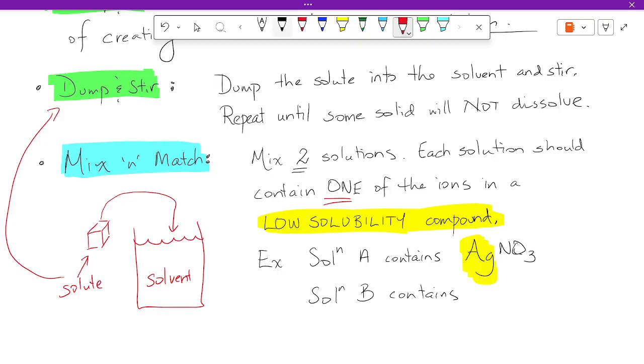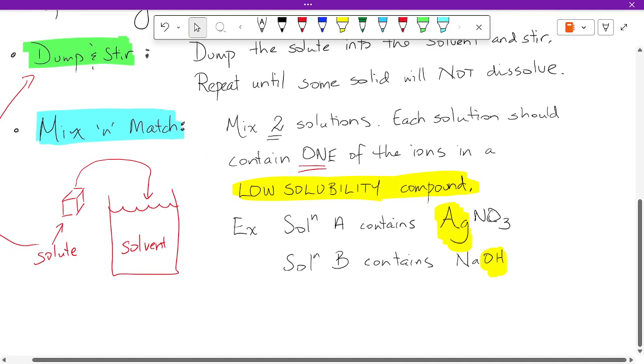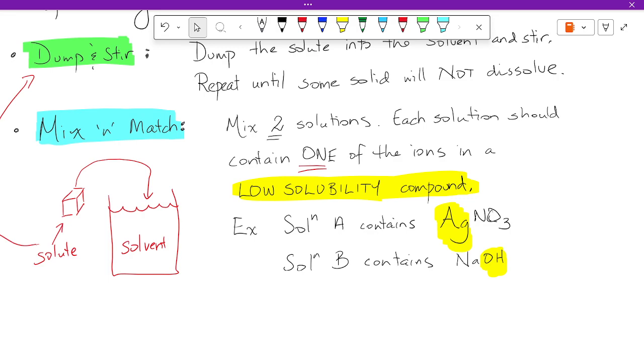Absolutely. And who is the ion of interest there? OH. Yes? As long as the concentrations are sufficient, a precipitate will form.